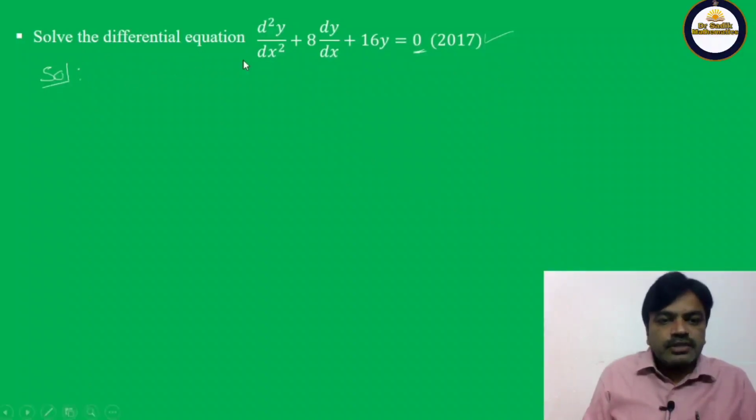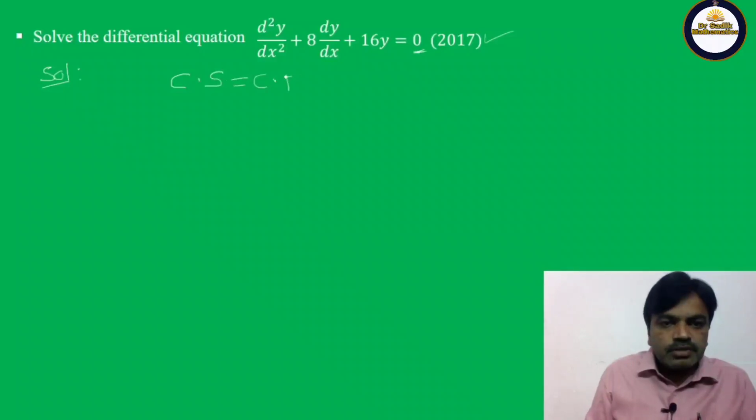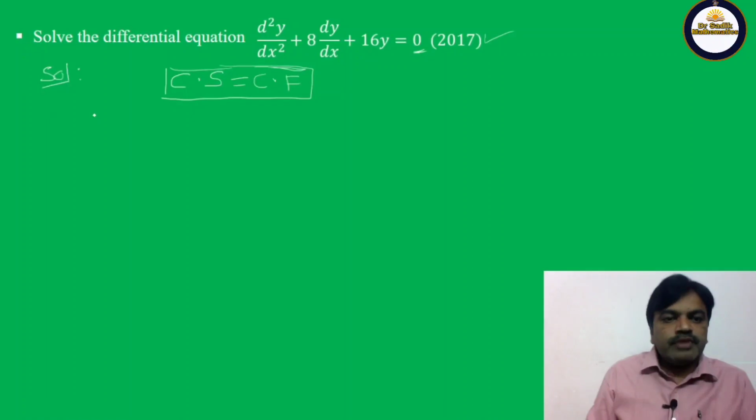What is first? If it is equal to 0, what is the complete solution, friends? The complete solution is equal to the complementary function. That means it is enough to find the complementary function. In the complementary function, what is the first step?